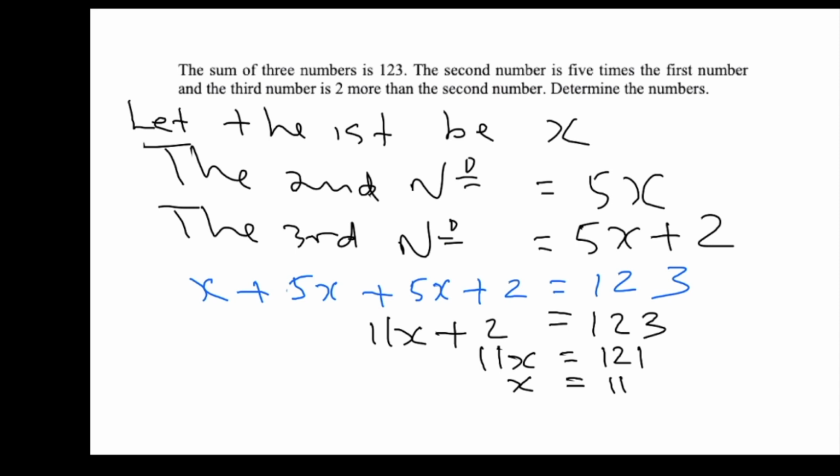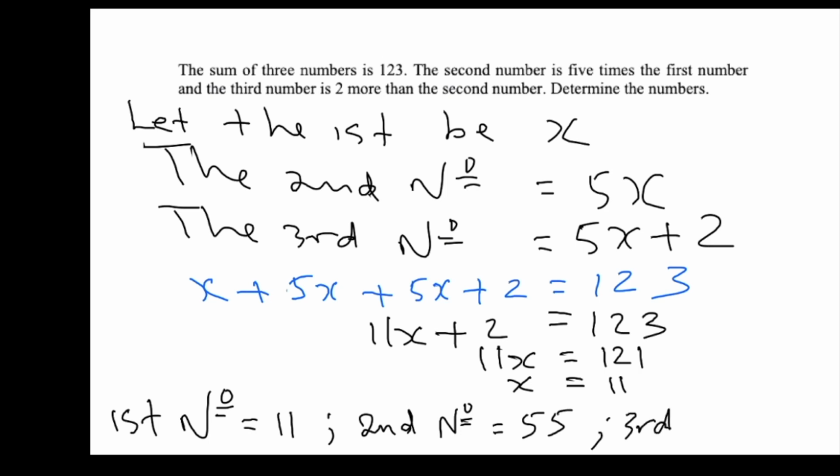So we can now answer the question. The question is asking us to determine the numbers. So the first number we know is equal to 11. Then the second number we are told is 5 times the first number. So it's 5 times 11, which is 55.